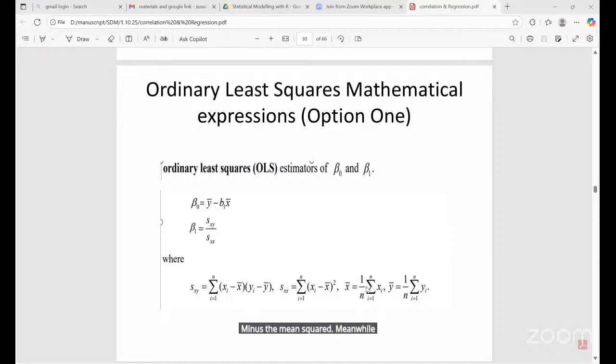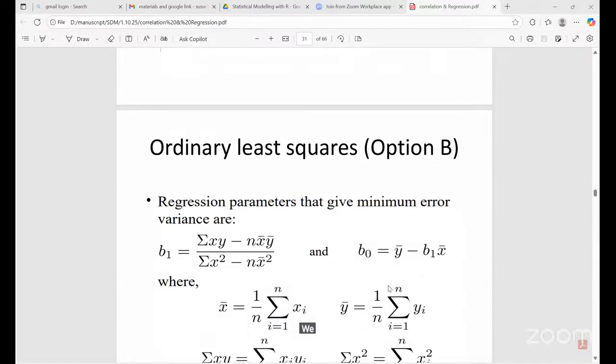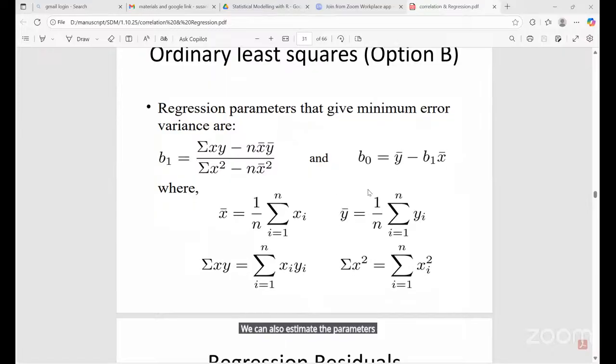Meanwhile, the mean, we know that when we sum up all the values of x and divide by the total number of observations, we get the mean. The same applies to y. We can also estimate the parameters using this formula here. This is the expanded format.